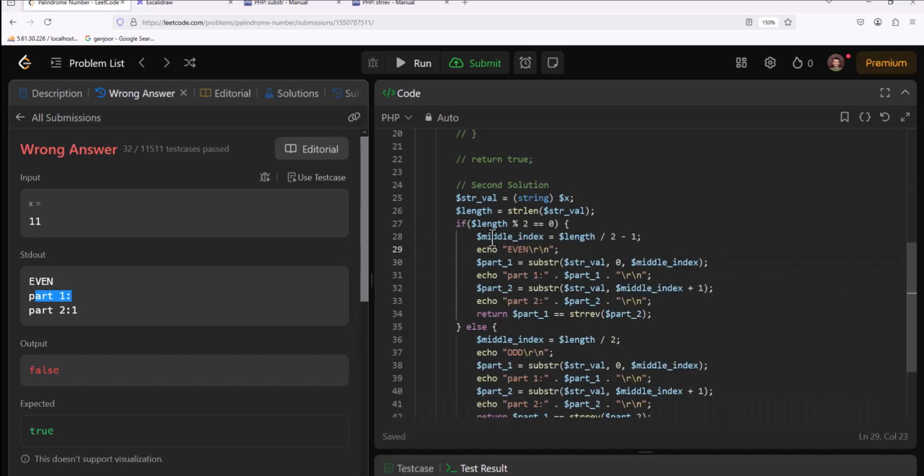Okay, consider 11 and divide by 2. The length of 11 would be 1 minus 1 is, I think we don't need to do this.